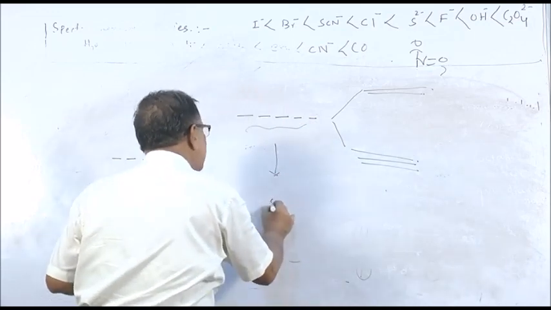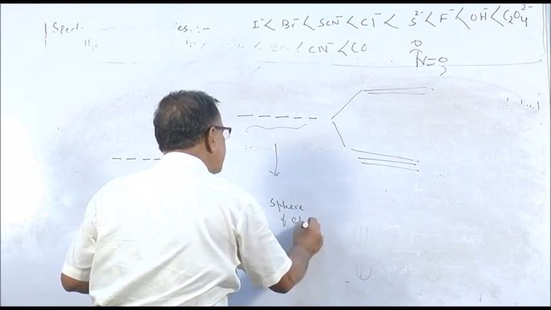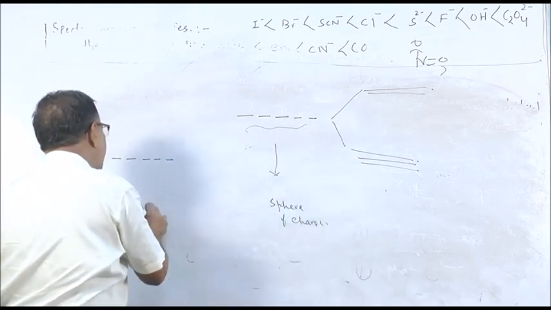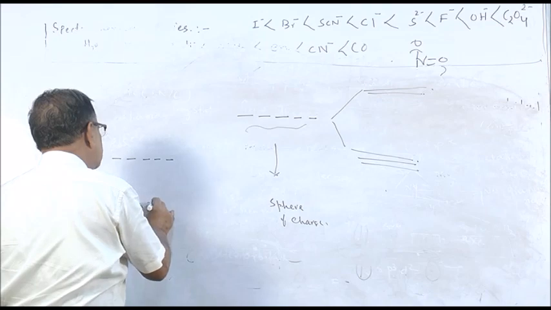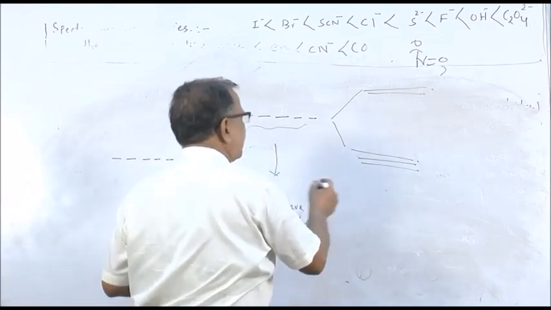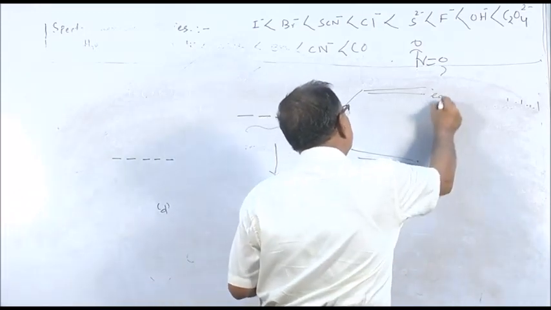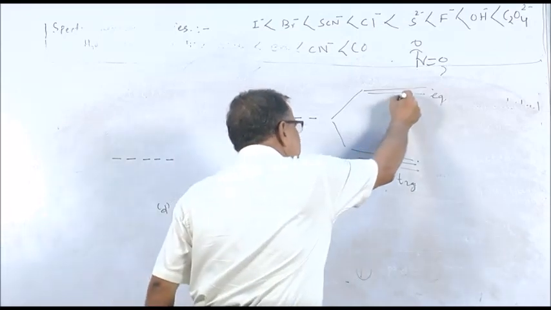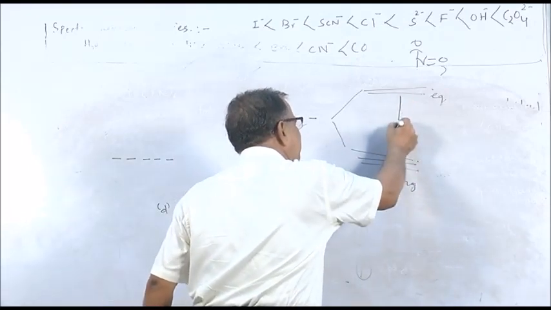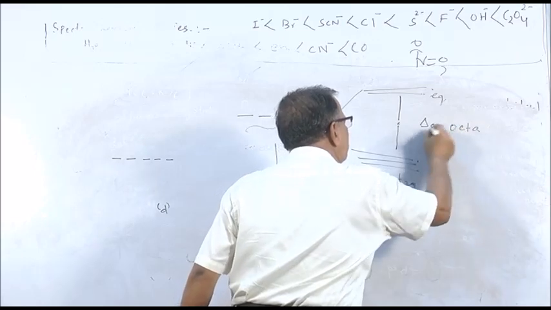In the spherical field of charge, only the simple d orbitals remain. We get t2g and eg orbitals, with 2 energy levels. The energy gap can be explained by delta O, where O means octahedral.